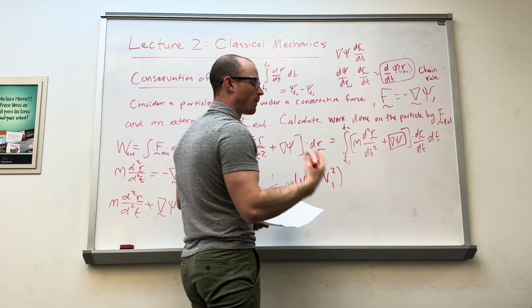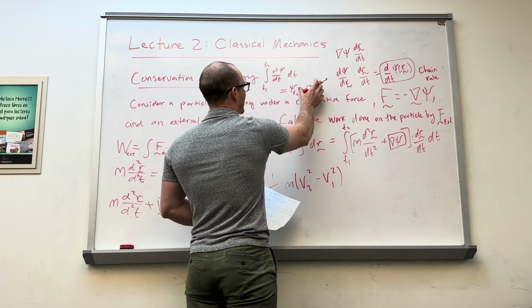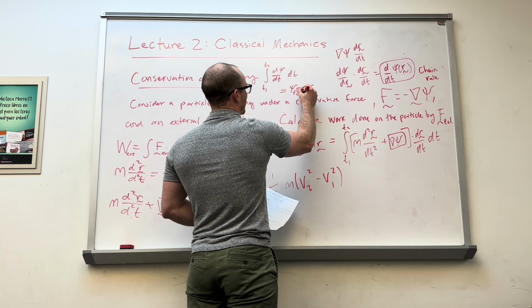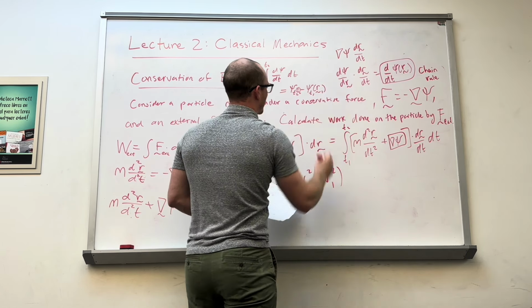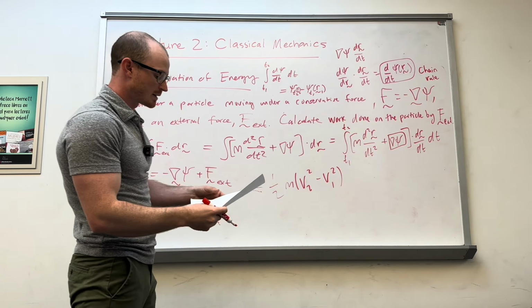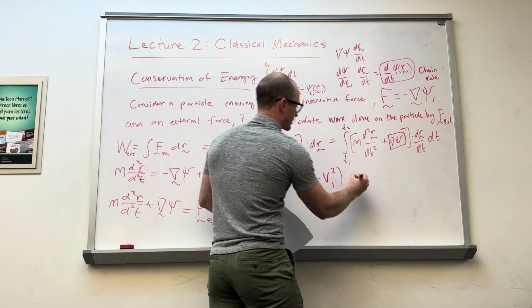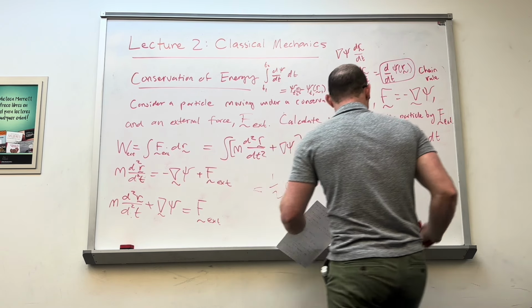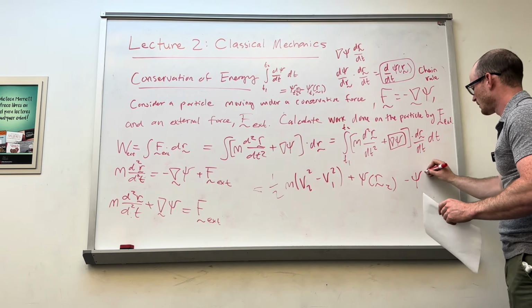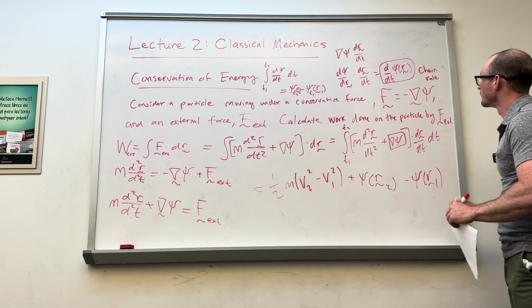And of course, it only depends on the position. So ψ at t2 is at the position r2 and ψ at t1 is at the position r1. So what that's going to give us is ψ at position 2 minus ψ at position 1.